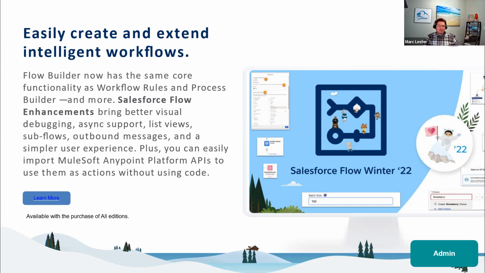That allows you to do that via Flow as well now. And then some additional functionality enhancements to MuleSoft Anypoint Platform APIs. But in general, everybody I'm sure has heard by now that workflow rules and Process Builders are being migrated to Flow.